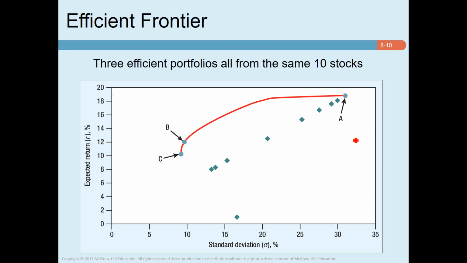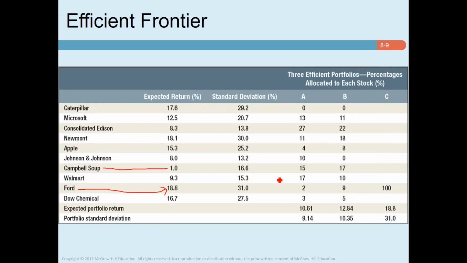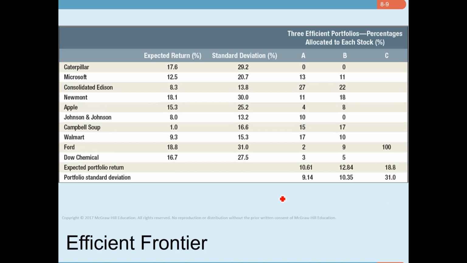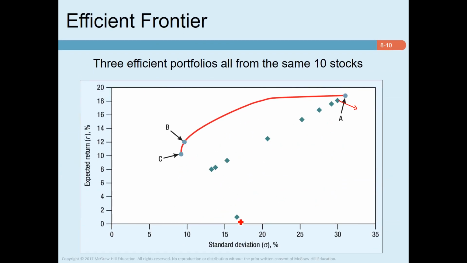For example, this diamond shows the highest standard deviation and the highest expected return, which was the case of Ford. On the other hand, the diamond here shows the lowest return, I would say, not the lowest standard deviation.